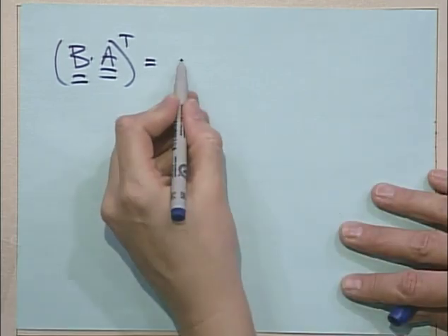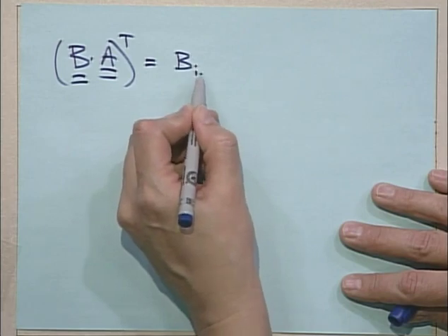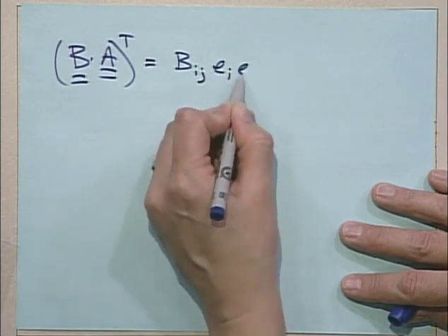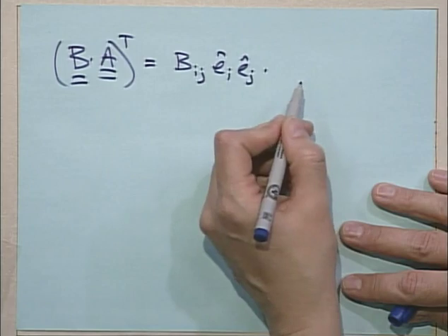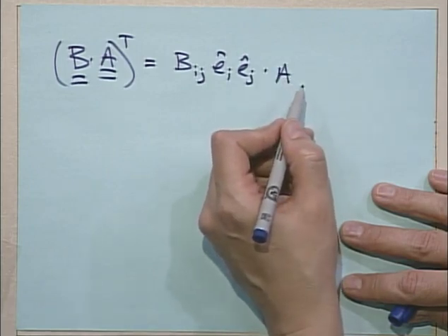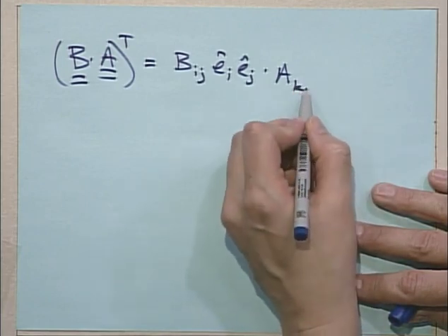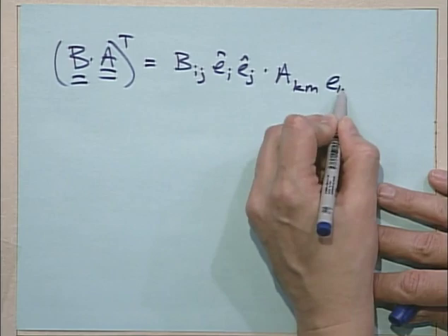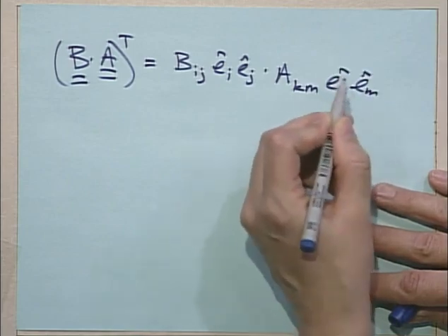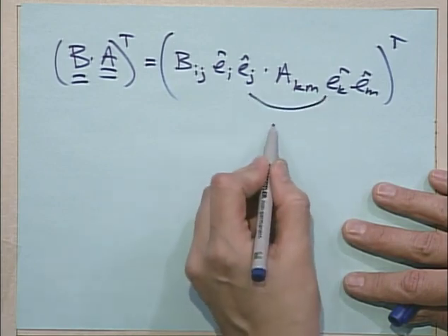Help me out. B_ij e_i e_j, dotted with A_km e_k e_m. I usually avoid L because it's so close to I, so M, let's say. Whole thing transposed. So we'll do the dot product first.